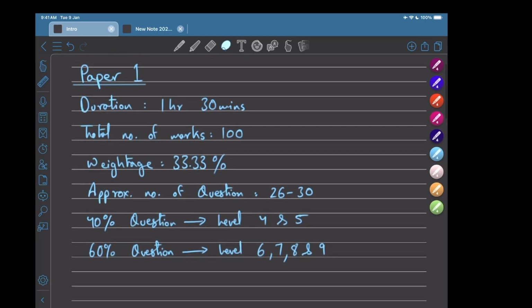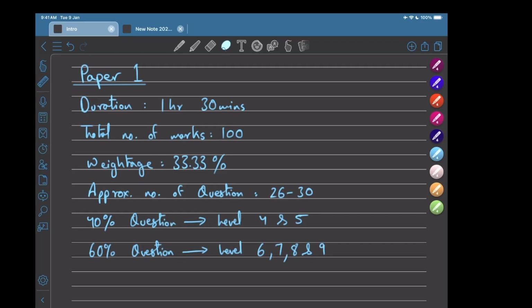As I was speaking about the weightage, your grade will be calculated with the total number of marks that you gained in paper 1 and the total number of marks you gained in paper 2. After that calculation, of the total marks you have gained in paper 1, only 33.33% is going to be considered.